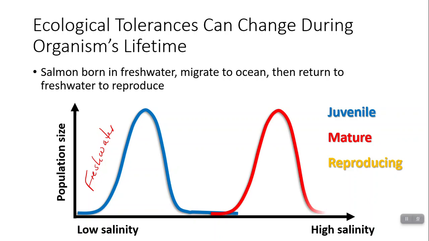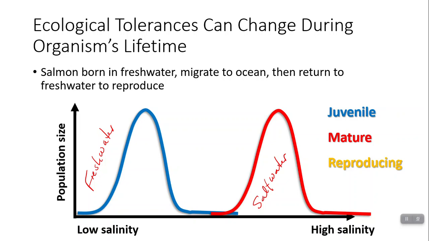On the other hand, once they mature, they move to the ocean, and at that point, they are able to tolerate salt water. But notice that their range of intolerance now includes fresh water. So if you take a mature salmon that has been living in the ocean and stick it in fresh water, it's going to die.